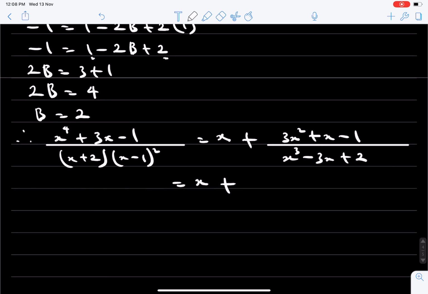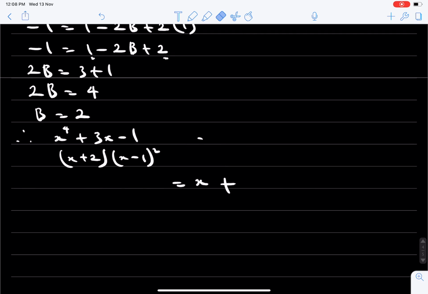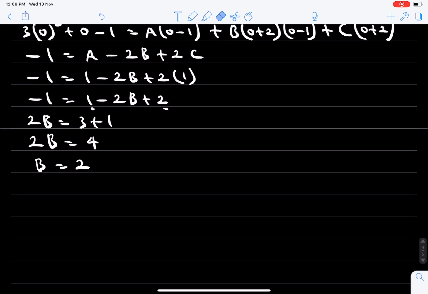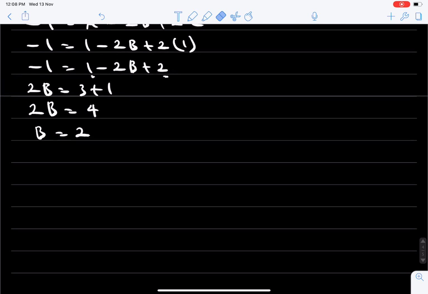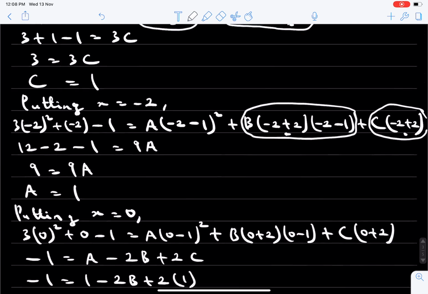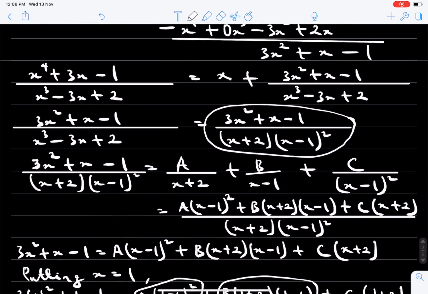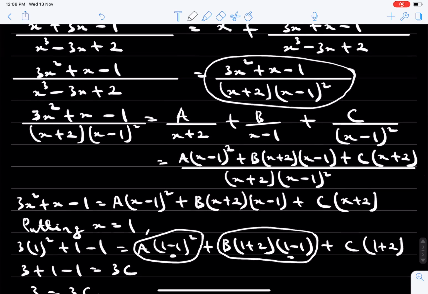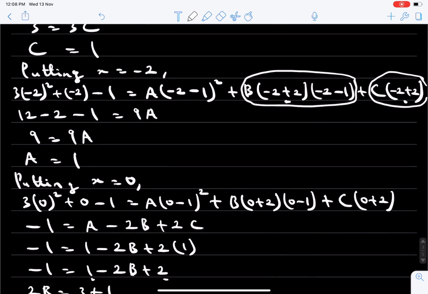I did not even write out what I split the proper fraction into. So what this means is, since I have A, B, and C, it means 3x squared plus x minus 1 over x plus 2 times x minus 1 squared.